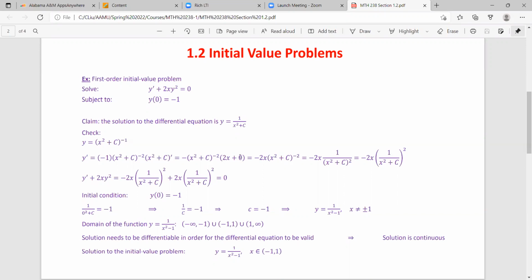All right, and you can rewrite the whole thing as negative 2x times x squared plus c to the negative 2. Or if you want to rewrite it in fractions, then you just put x squared plus c squared in the denominator, like this. So that will be negative 2x times 1 over x squared plus c squared. Okay, so rewrite like this.